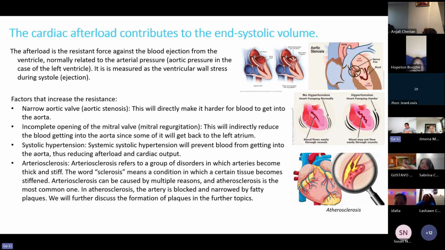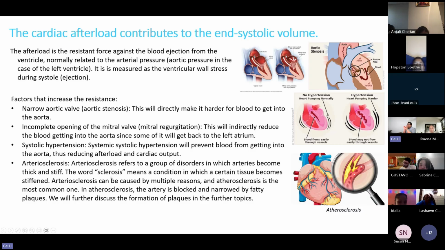And lastly, atherosclerosis. This is something we'll talk about again and again in the future. For now we only talk about what the effect of atherosclerosis is.